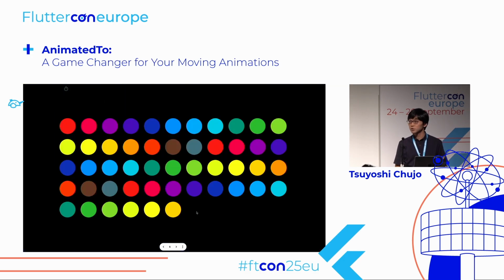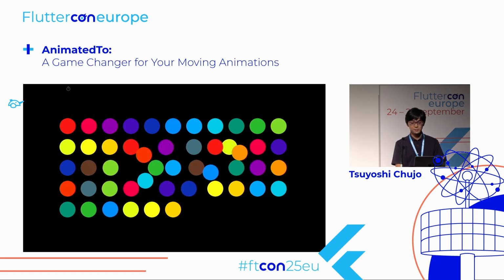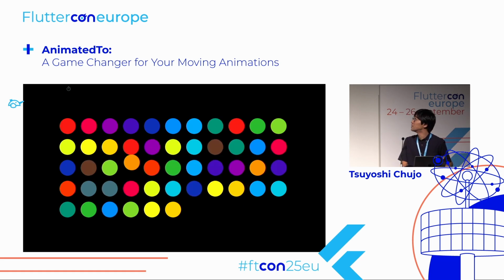Also, I will show you another demo. This is a reorderable wrap. We can grab an item like here, and we can swap with animations like this. It's very fun.